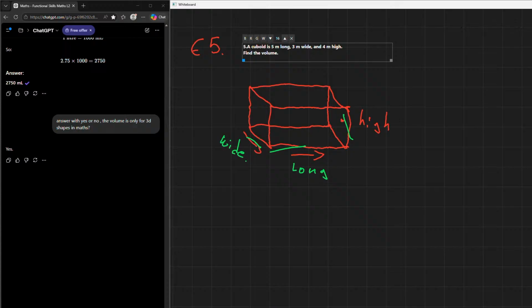If I see from here, it's like 1, 2, 3, 4, 5, 6, 7, 8, 9, 10, 11, 12, 13, 14, 15, roughly. So this is like 5 times 3 somehow. So it's 5 meters long times 3 maybe.